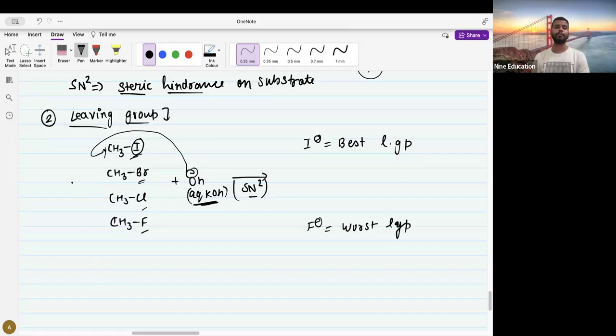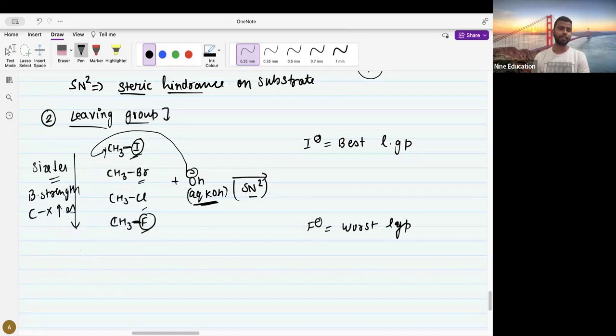See, going from up to down, size is increasing. If the size is bigger, the bond strength between C and X from up to down is decreasing. The bond length of this one is small, so its bond strength is very strong.